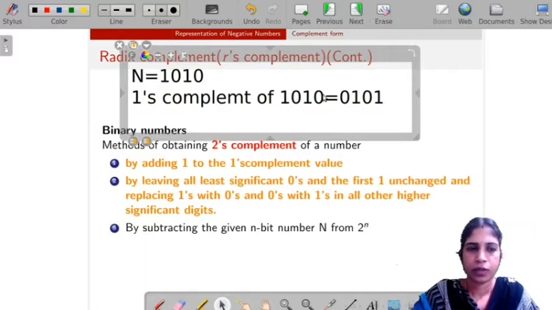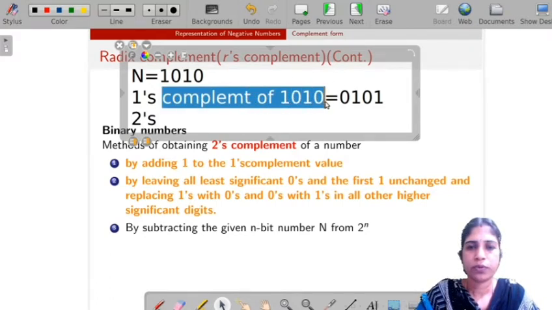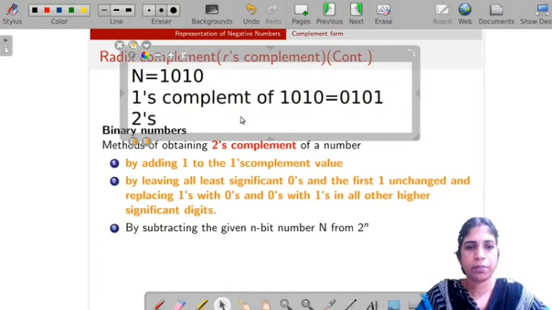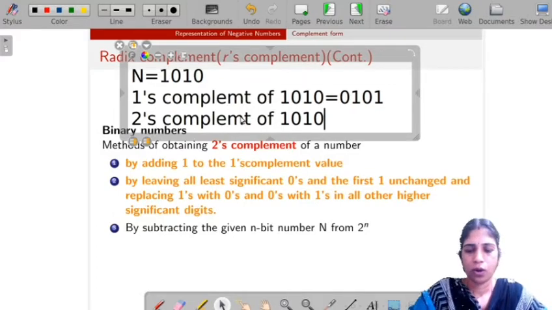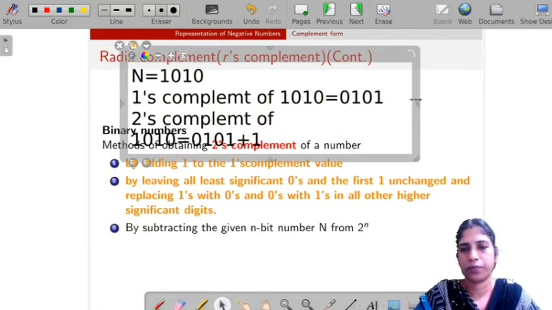Then the 2's complement of 1010 is found by simply adding 1 to the 1's complement, that is 0101 plus 1.